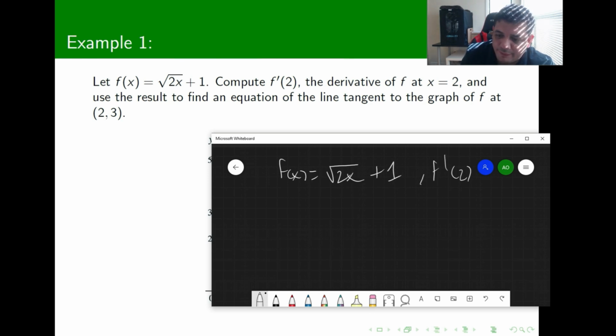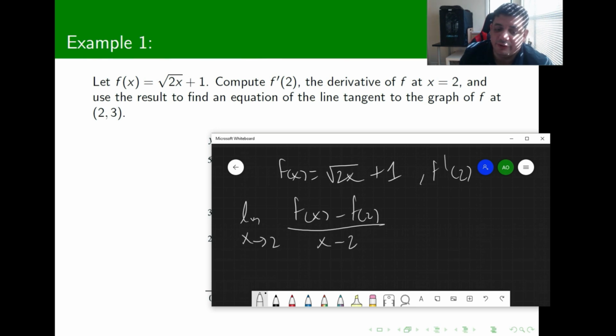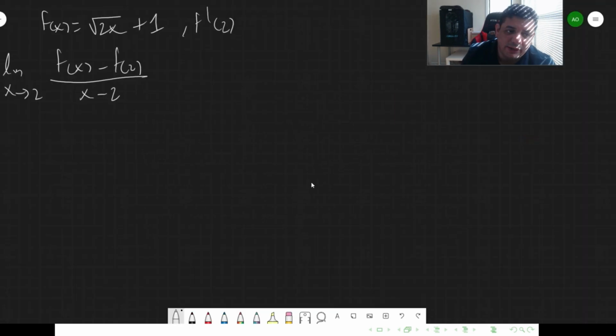We want to find out what f prime of 2 is. So I'm going to use the limit when x goes to 2 of (f of x minus f of 2) over (x minus 2). I could use the other one, there's no difference, but I'm going to use this one.